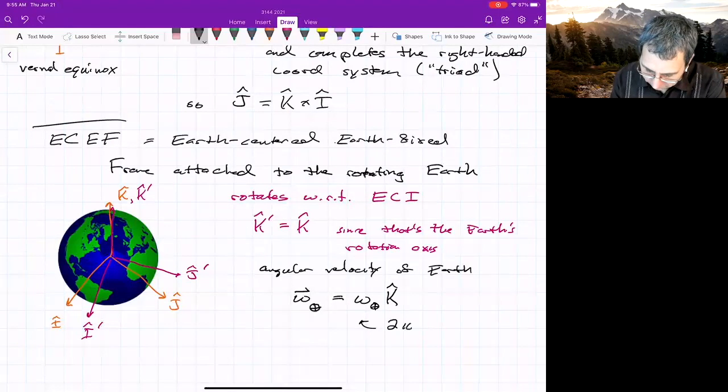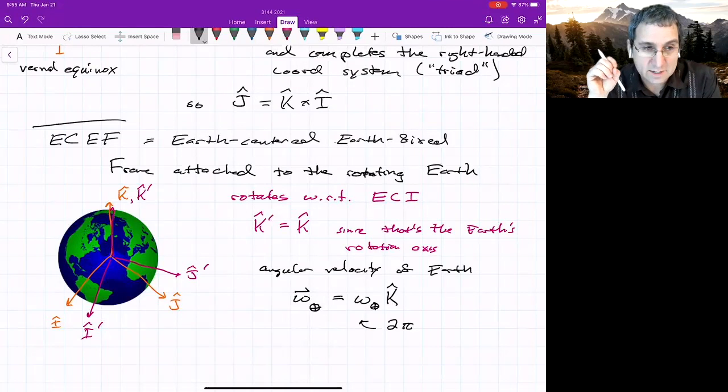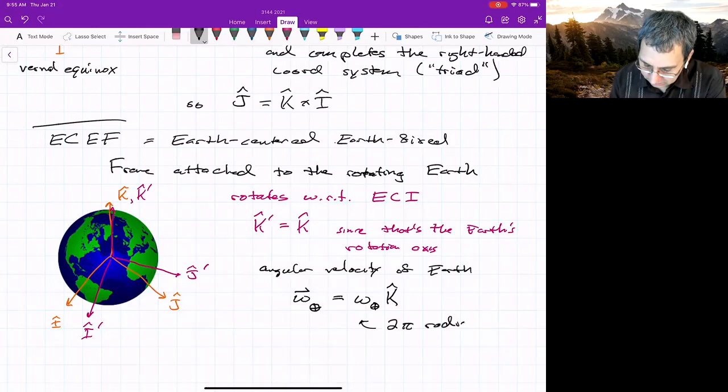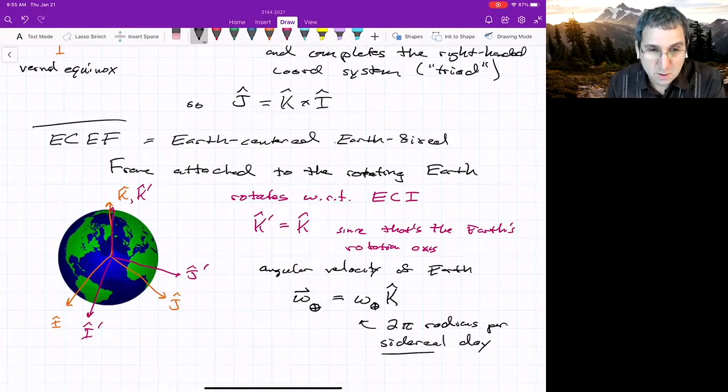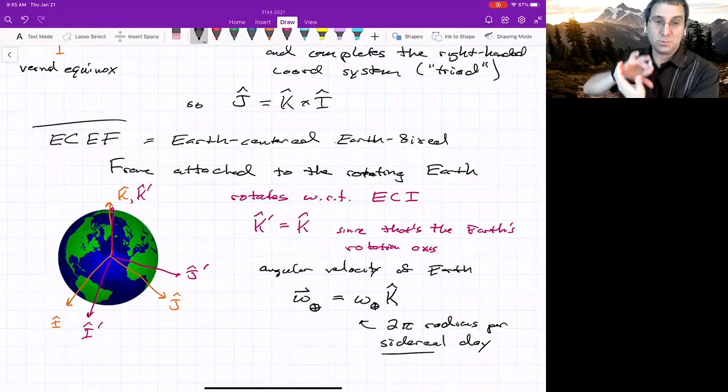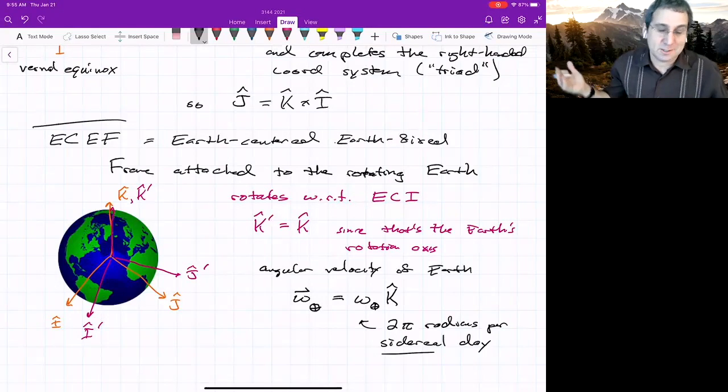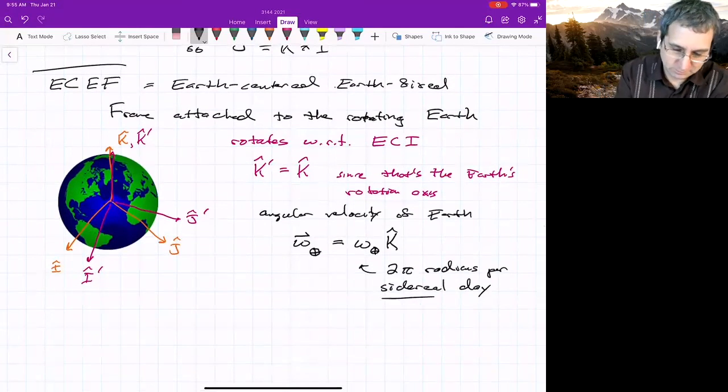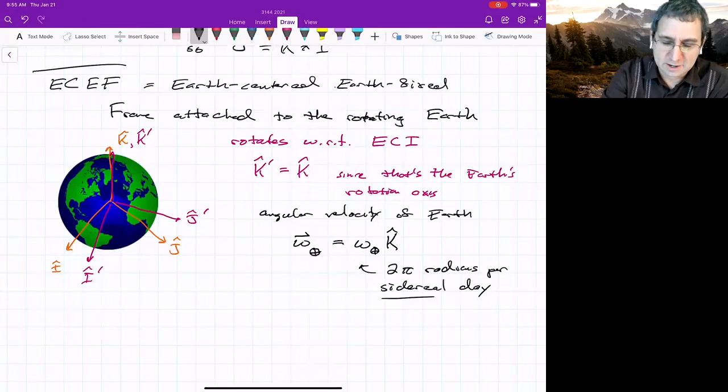Omega is 2 pi. We write angular velocities in terms of radians. So it's 2 pi radians per sidereal day. Sidereal means with respect to the fixed stars. Okay, so the Earth rotates 1 full revolution per day, more or less.